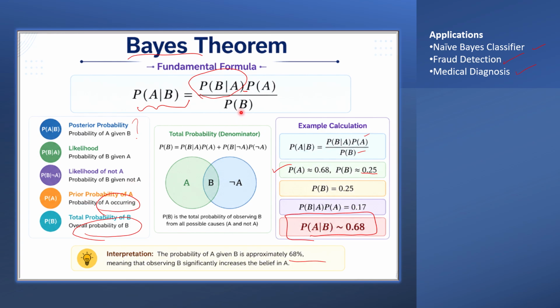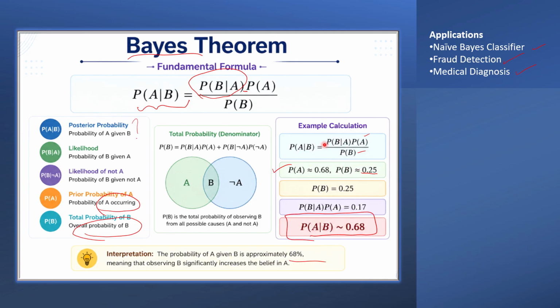P of B is also the overall probability. You calculate P of B as P of B given A dot P of A, plus P of B given not A dot P of not A. This is the total probability.